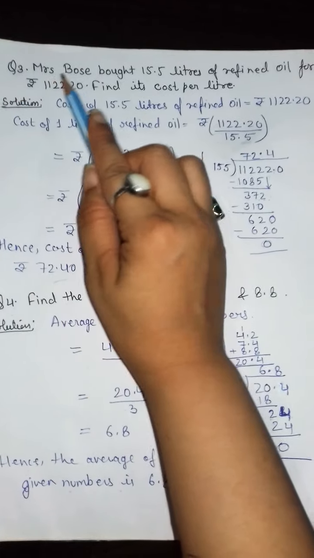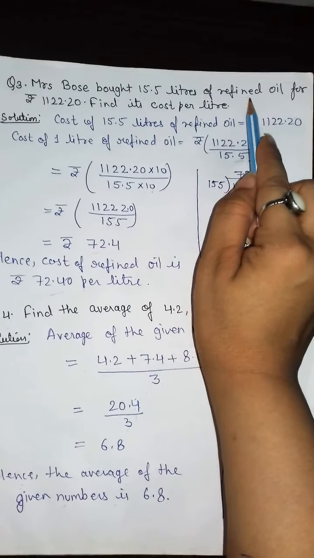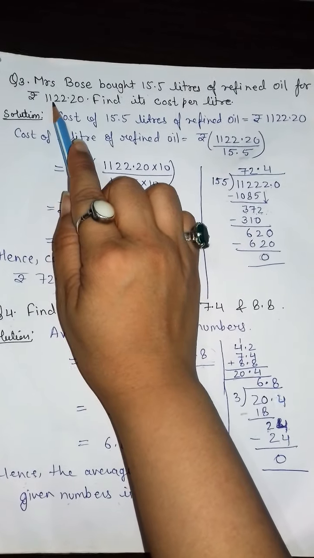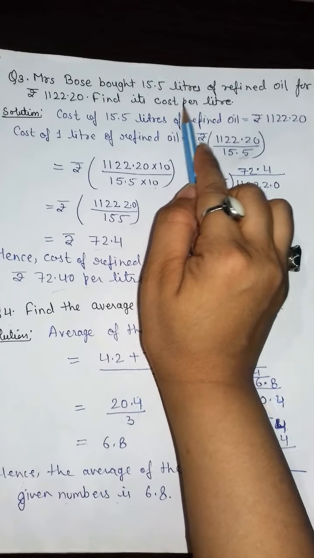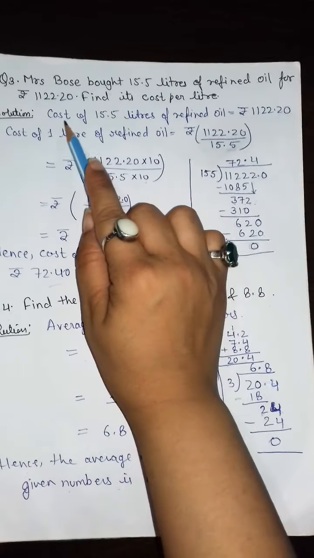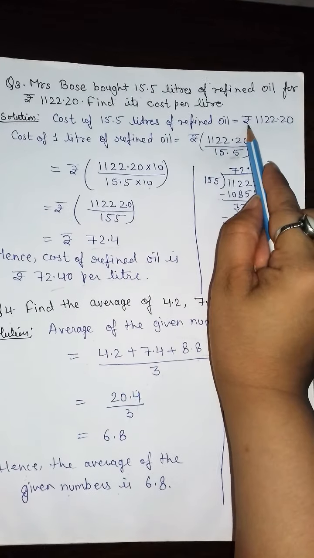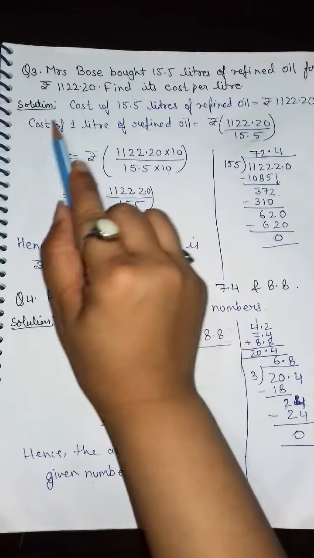Question third. Mrs. Bose bought 15.5 liter of refined oil for rupees 1122.20. Find its cost per liter. Cost of 15.5 liter of refined oil is rupees 1122.20.